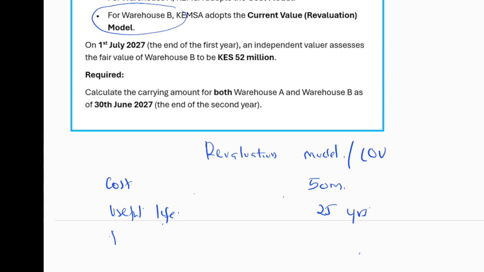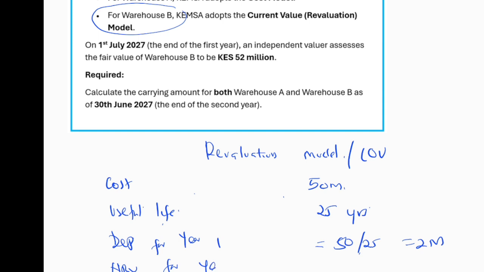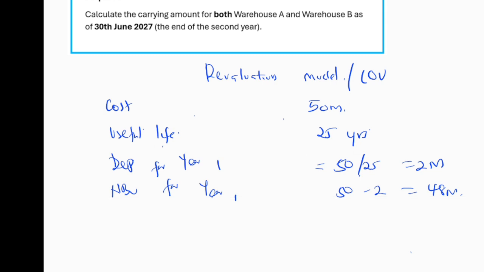Depreciation for year one is equal to 50 divided by 25, which is equal to 2 million. NBV for year one is 50 minus 2, which is equal to 48 million. So year one, that's what we have.